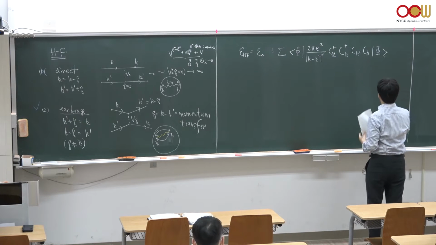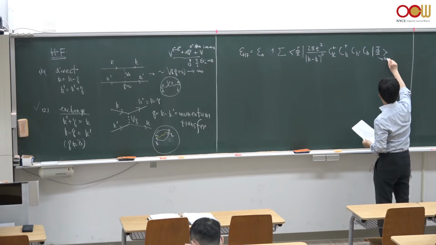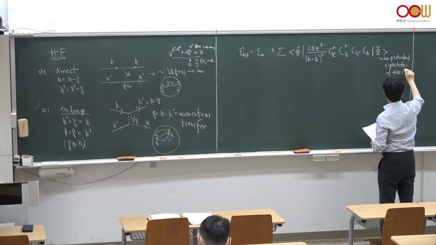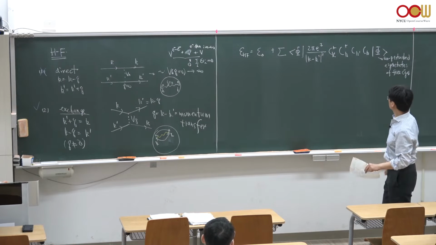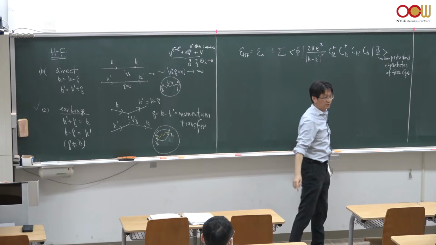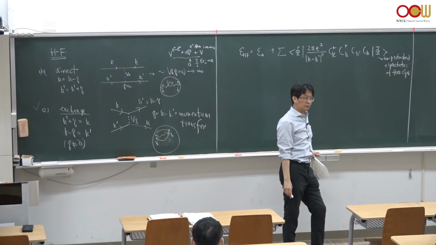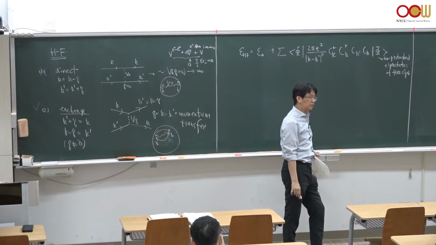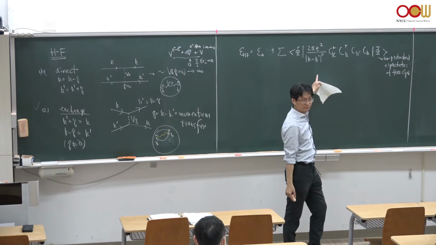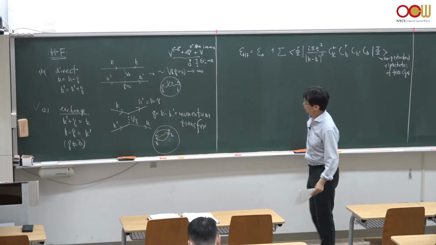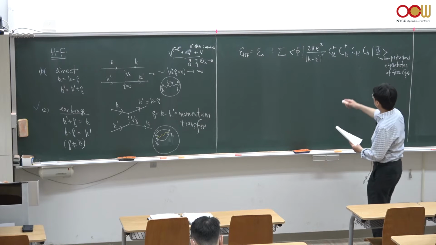So this phi is the unperturbed eigenstates of the free electron gas. And all this K and K prime here represents precisely the unperturbed eigenstates of free electrons. It's just that they are interacting by Coulomb. Okay? So after considering these exchange processes, we get this.